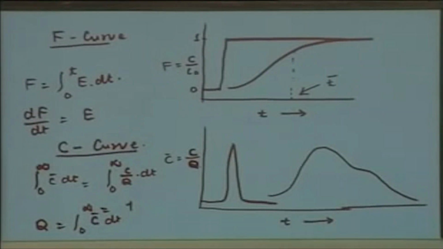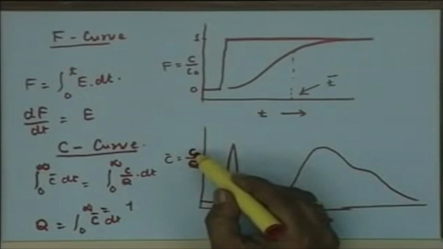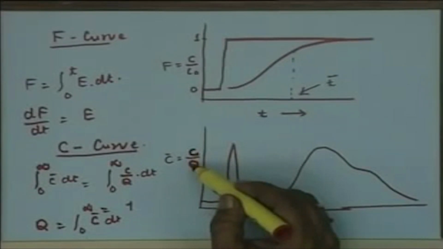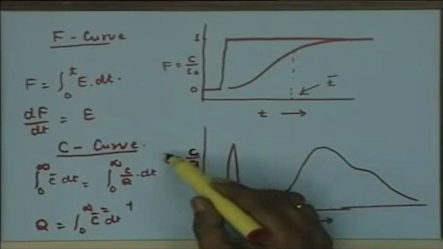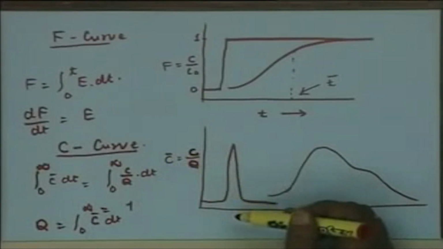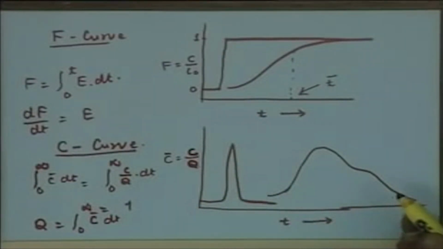Now, theoretically, if it is an ideal plug flow, this 1 gram should come out in a short period of time, as much time as it has been fed in, but it will not emerge in one go, it will come out in small lots. If you analyze the output stream over a period of time and get such a profile, in terms of C, the output concentration at any given time t, divided by the total quantity fed in, that is C bar, the normalized concentration of the tracer in the exit stream.